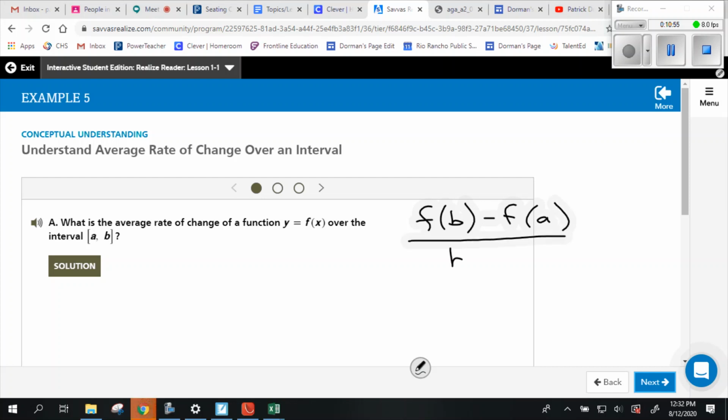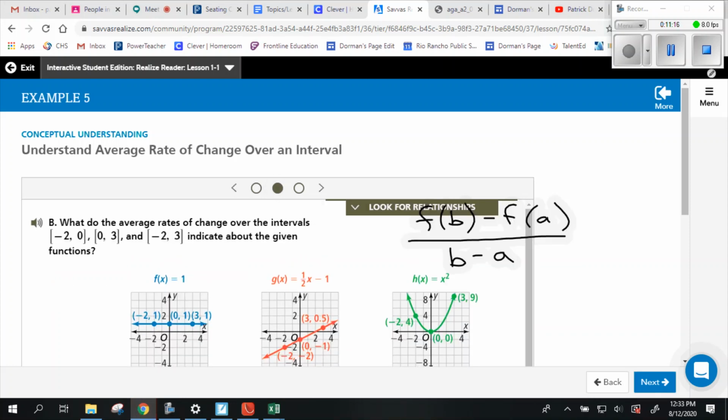So we'll get an example in there so that you'll understand a little better where this comes from. Let's go ahead and look at it. All right, so if we're looking at average rates of change for these guys, well, what do you think?